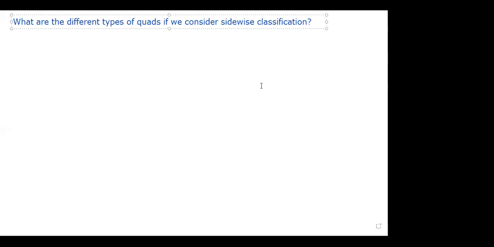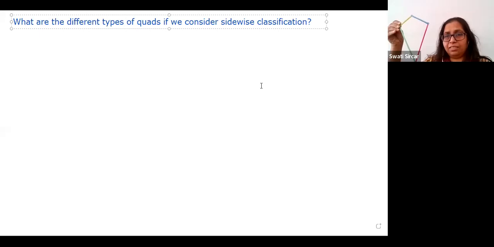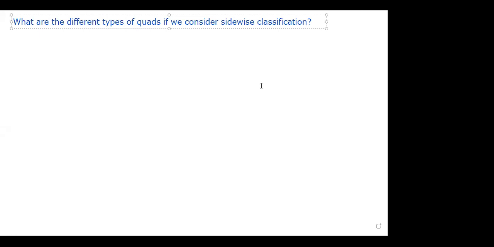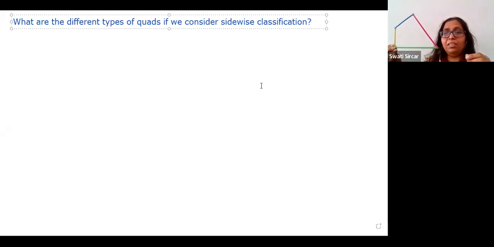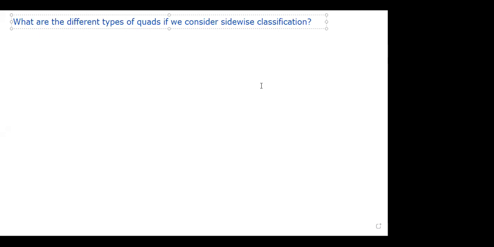No, ma'am. Is it a kite? No, ma'am. So if you consider these three types, there are quadrilaterals which don't fall under any of them. So we need to add to this. What will you add to this?